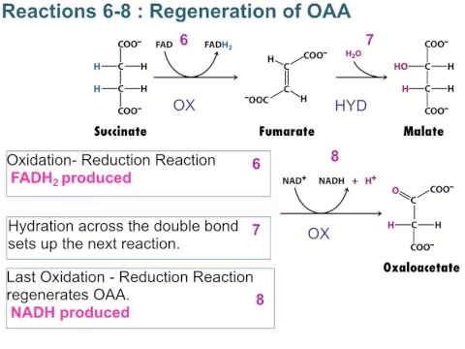In reactions 6 through 8, we're going to oxidize the 4-carbon molecule succinate and end up with oxaloacetate through a series of 3 reactions. The first one is an oxidation-reduction reaction, in which FAD is used as an electron carrier. The second step, reaction number 7, is a stereospecific hydration across the double bond to yield malate.